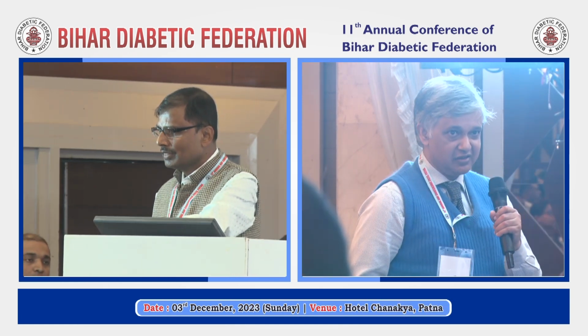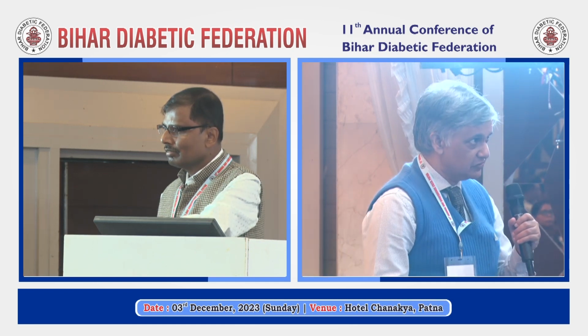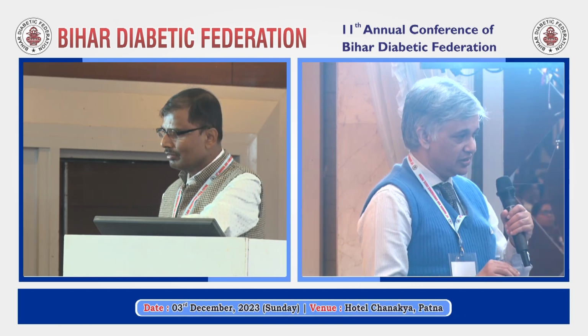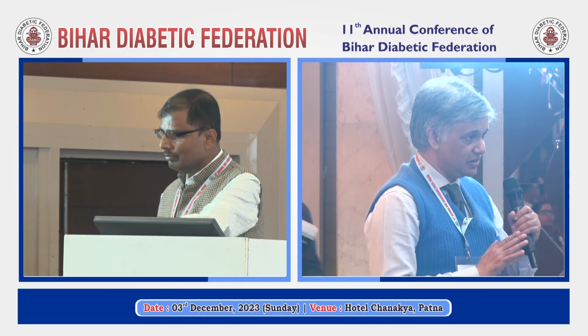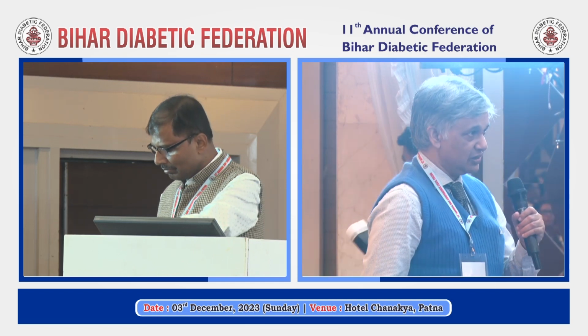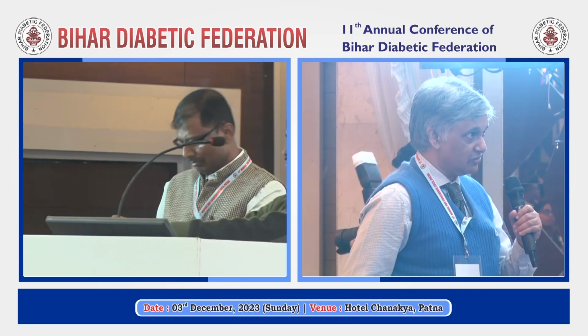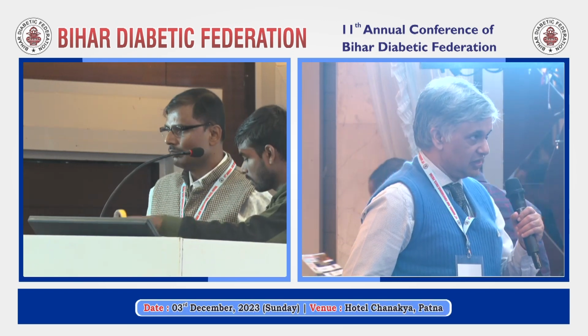As far as DPP-4 inhibitors are concerned, they are cardiovascular neutral and renal neutral. That means they do a moderate reduction in the blood glucose level, but they are not harmful to the cardiovascular system in any way or to the kidneys.